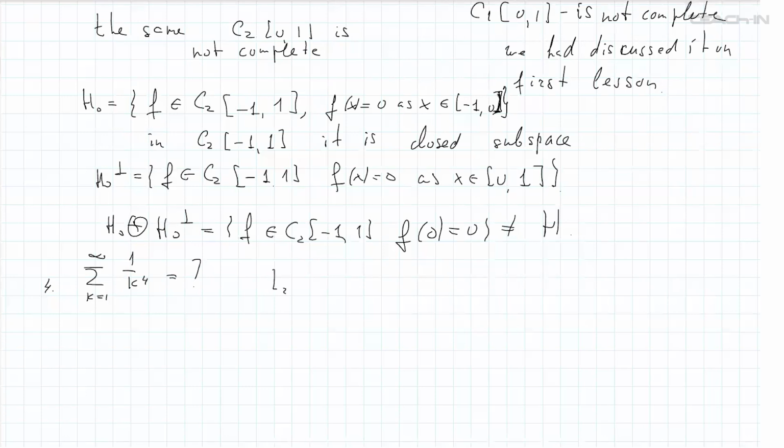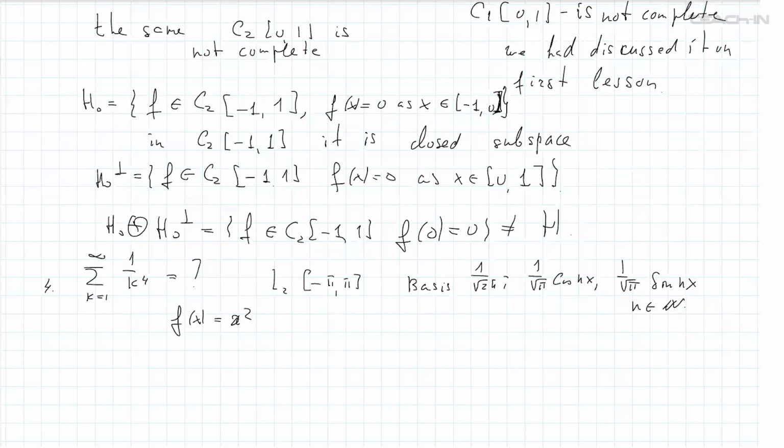So let's take again L2 minus pi, pi, basis sine and cosine. And f of x take equals x square. It is an even function.